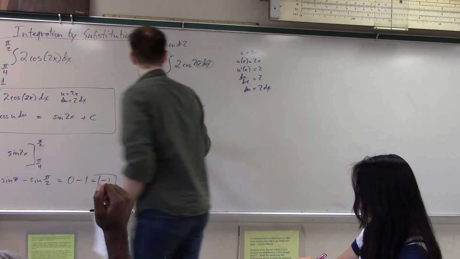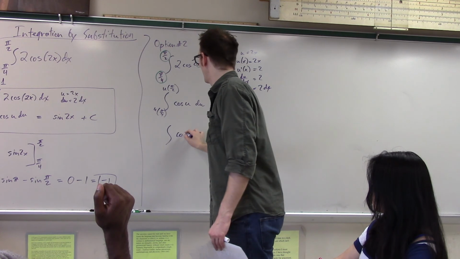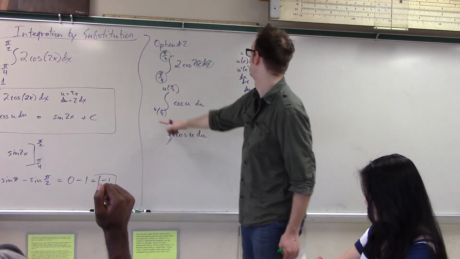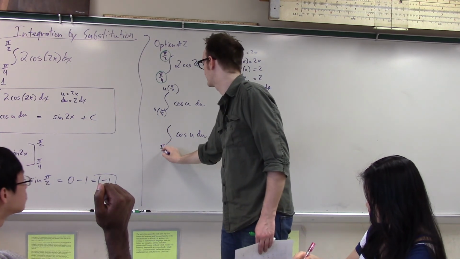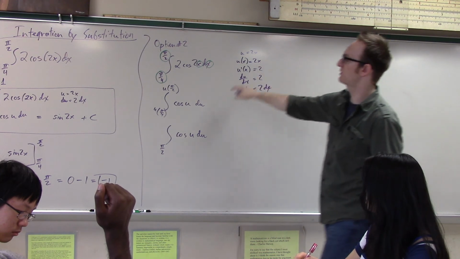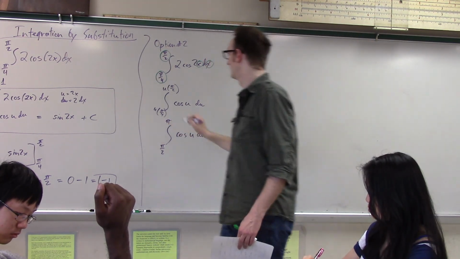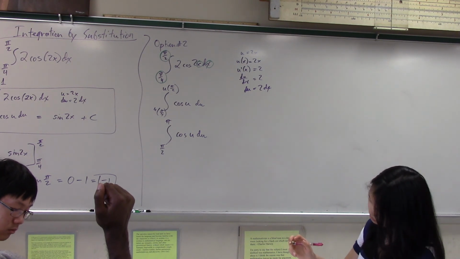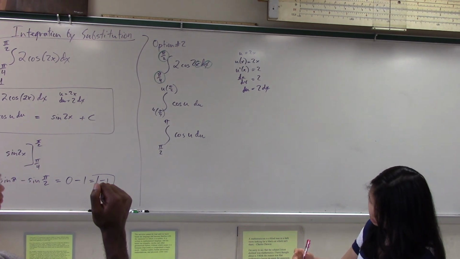Okay, and what is u of pi over 4? It's pi over 2, because u is just a function which multiplies by 2, and u of pi over 2 is pi. And so now I have simplified the integral into a different integral.